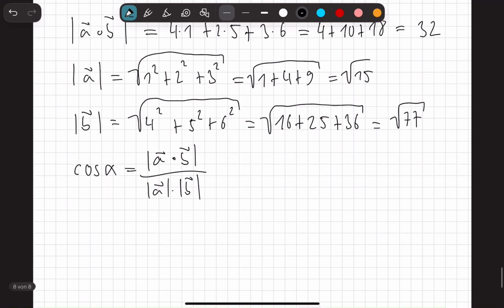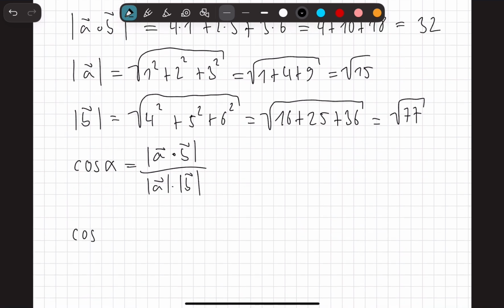Now we can plug in. So cosine of alpha is equal to a dot b, which is 32, over the length of the vector a times the length of the vector b. We can write this under one square root, so 14 times 77.